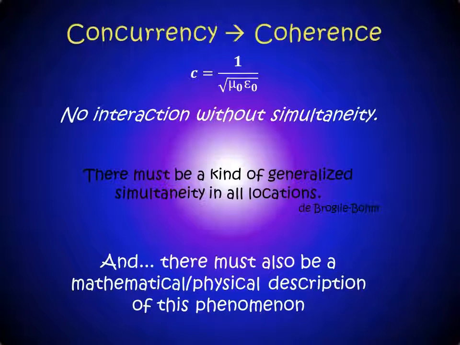So concurrency goes directly to coherence. We have no interaction without simultaneity, and there has to be some kind of description. There must be some kind of generalized simultaneity in all locations. And that is defined by the Planck interaction, which we are looking at in this video.